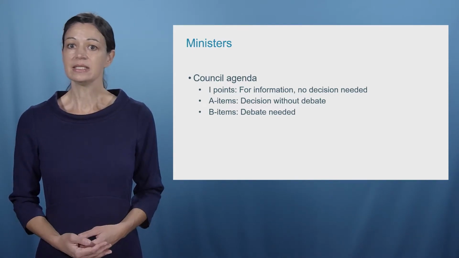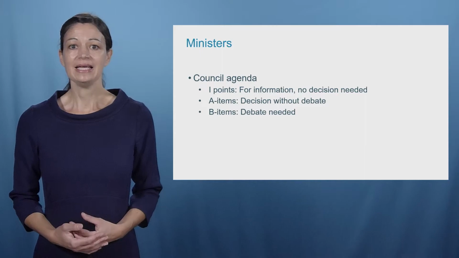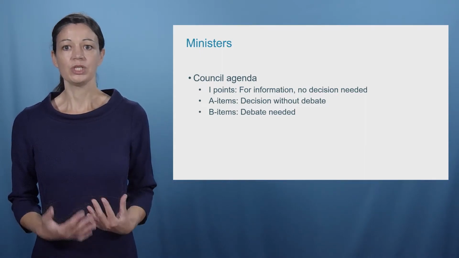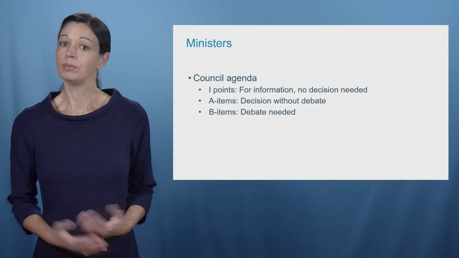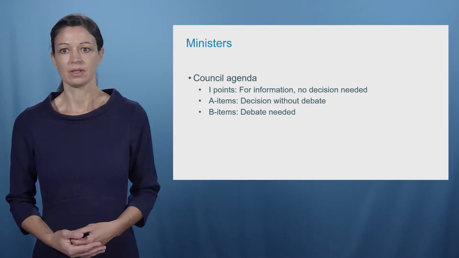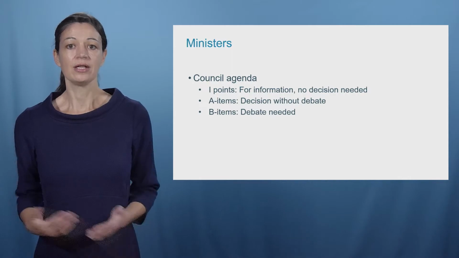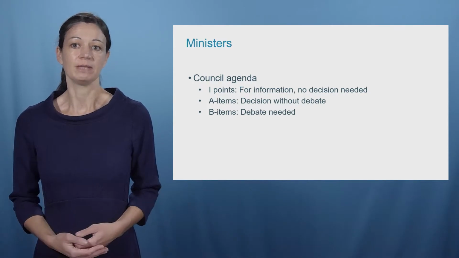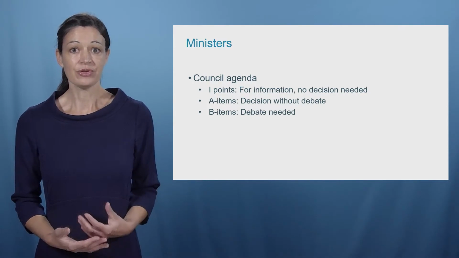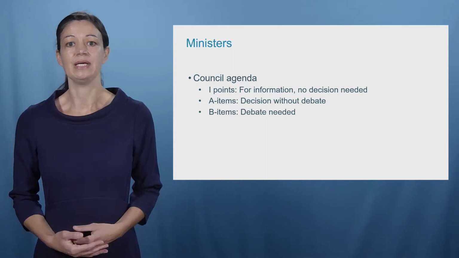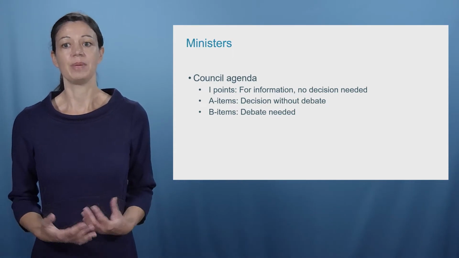The second are so-called A items, on which a decision can be taken but without debate. These are the issues on which working parties and the Coreper could already agree. And then third, there are the so-called B items, on which a debate is needed.